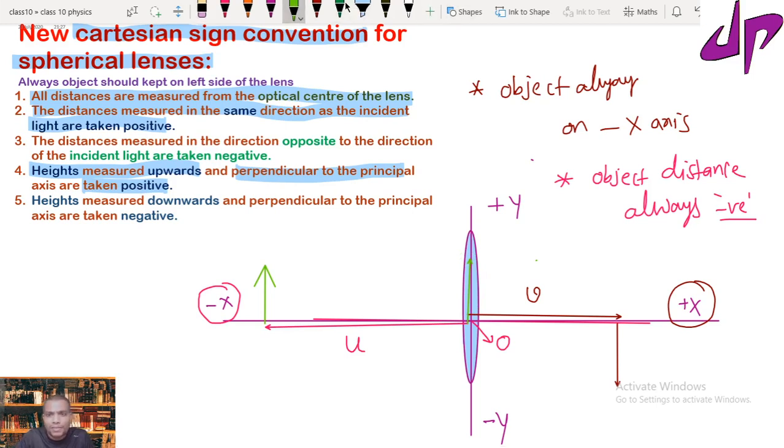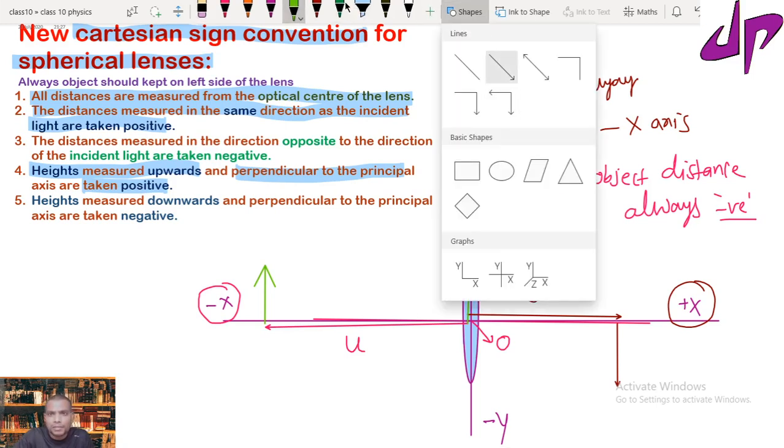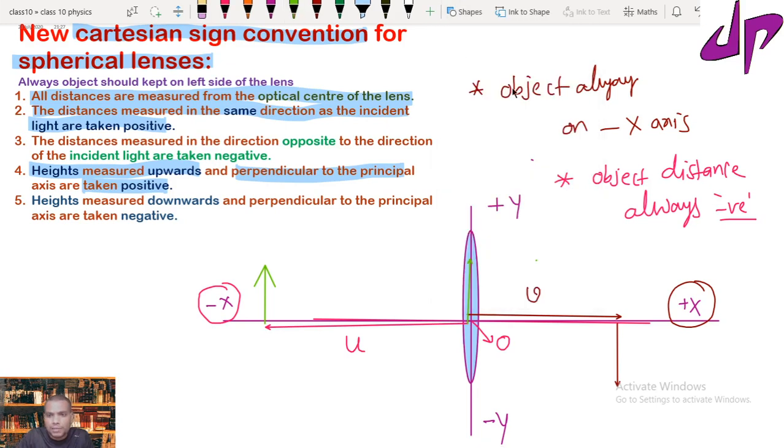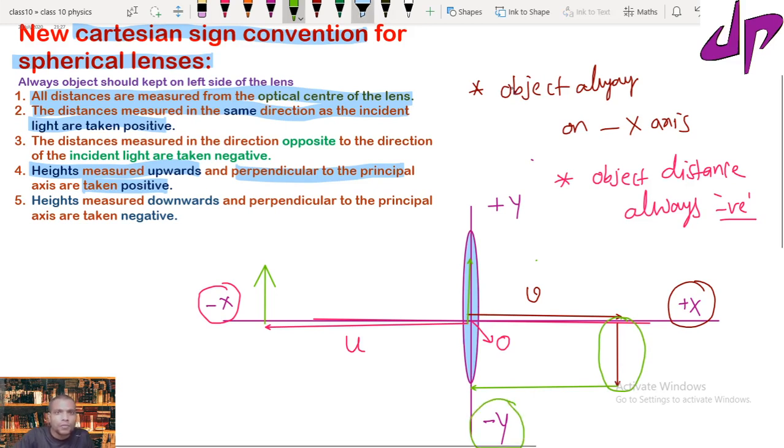Similarly, for heights measured downwards: here you can see the image height is formed from here to there. The image is inverted, so we have to measure that along the negative y-axis. We can make that a rule: heights measured downwards and perpendicular to the principal axis are taken as negative.